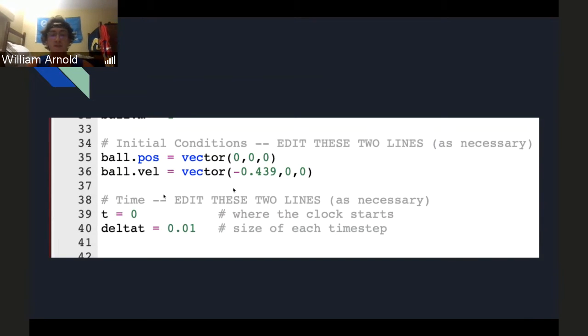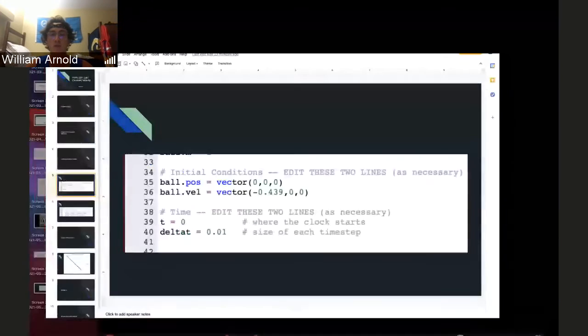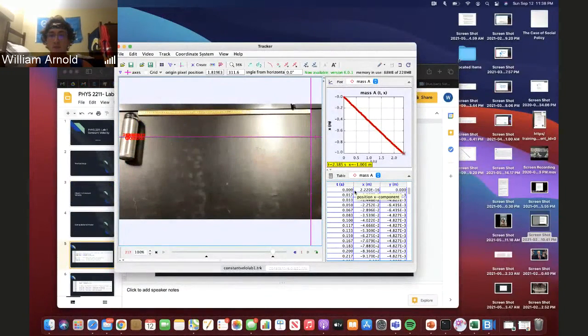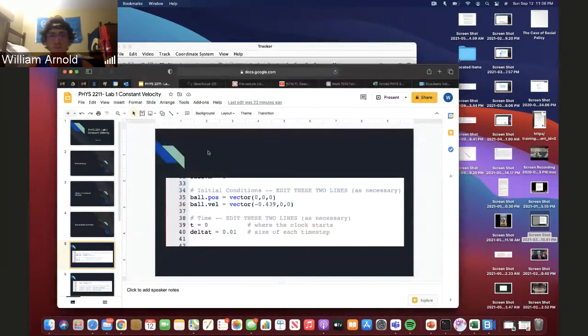The initial velocity was obtained right here, negative 0.439 in the x component. That was obtained, if we go back to tracker here, by taking these first two times. And once you take those two time intervals, you can find the initial velocity and use that as a constant track for the rest of it. So that's how we did that.